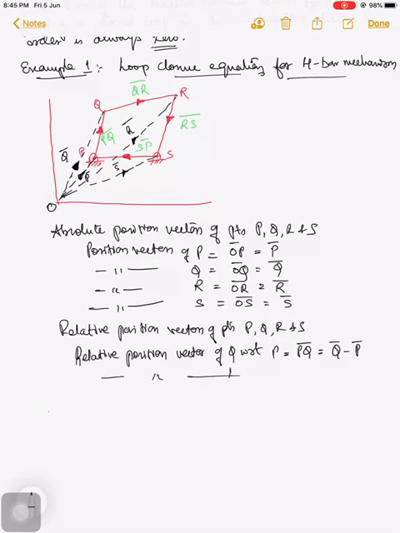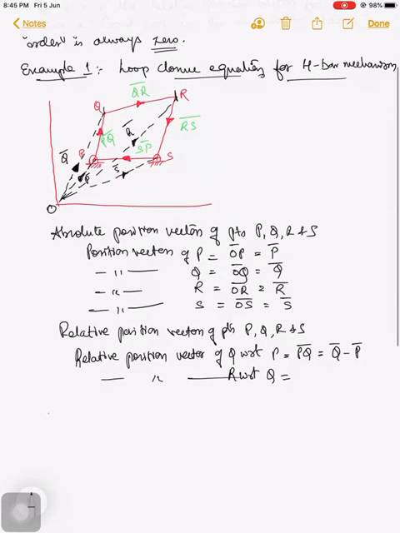Similarly, the relative position vector of R with respect to Q is given by QR, and it is given by vector R minus vector Q, as you can see here.